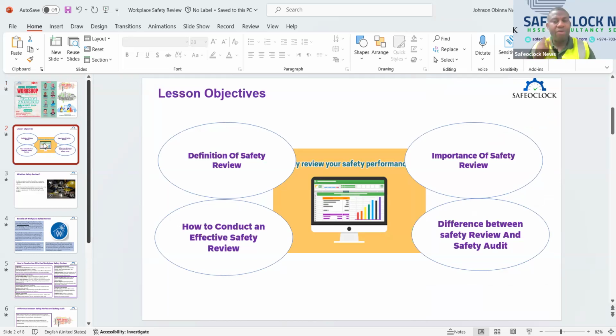Then I will conclude with stating some of the differences between safety review and safety audit, because most times this is what confuses people. So we'll look at some of the differences and we'll be able to share our experience.